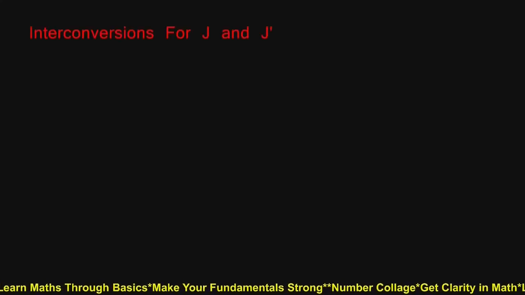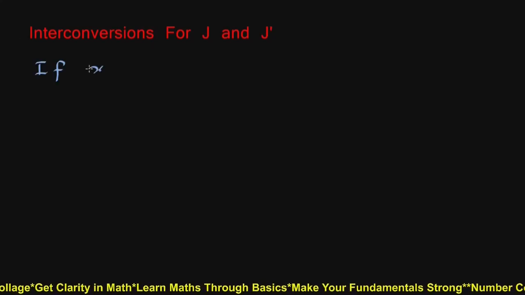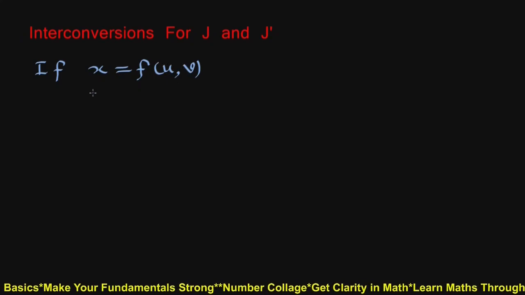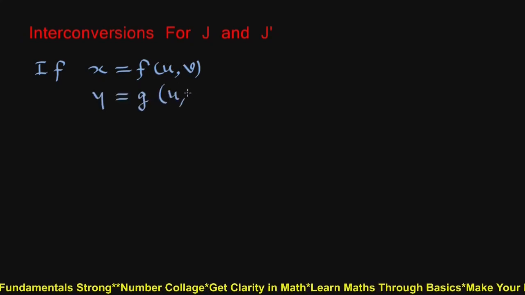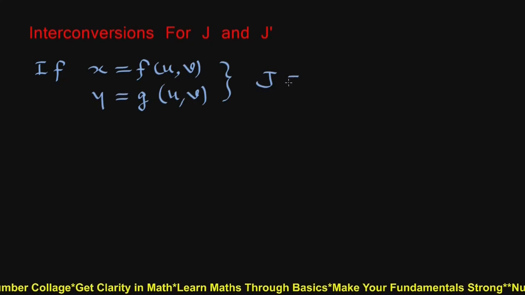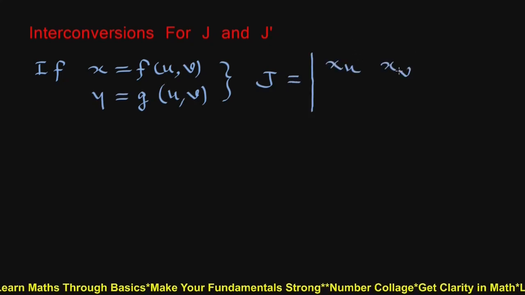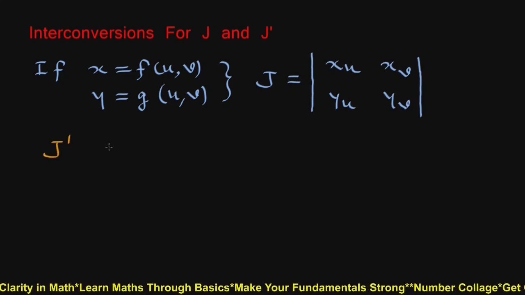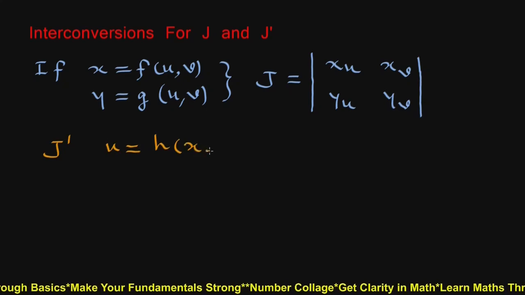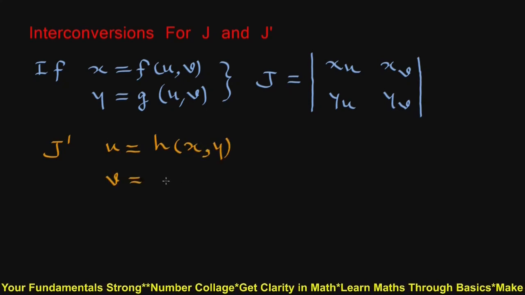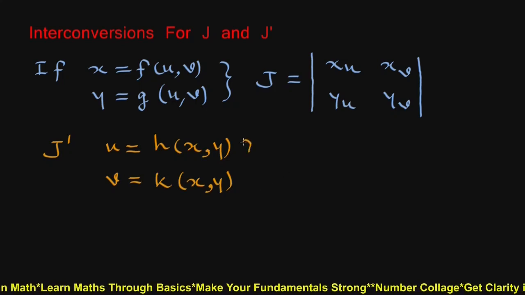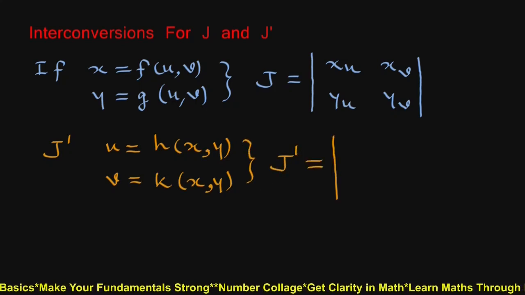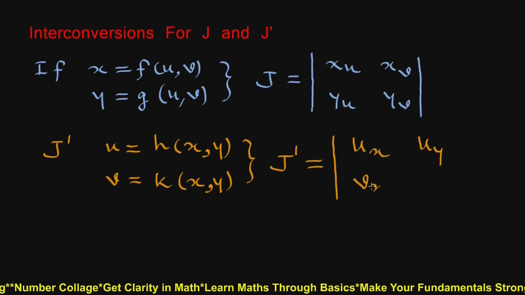Now we will understand a very important thing about Jacobians, which is interconversion for J and J dash. If x is a function of u, v and y is another function of u, v, then we write J as determinant xu, xv, yu, yv. For writing J dash, we must have u as a function of x, y, and v as another function of x, y, so that we can write J dash as ux, uy and vx, vy.